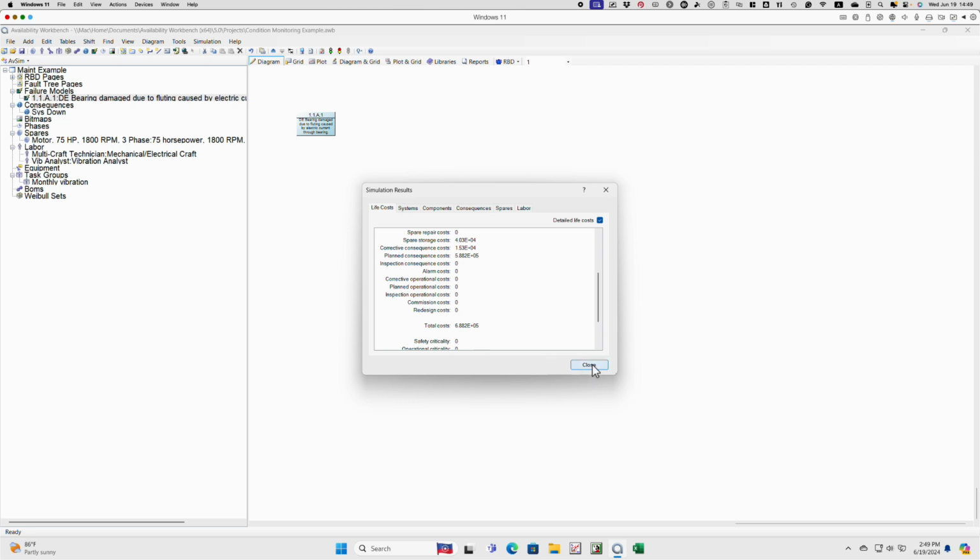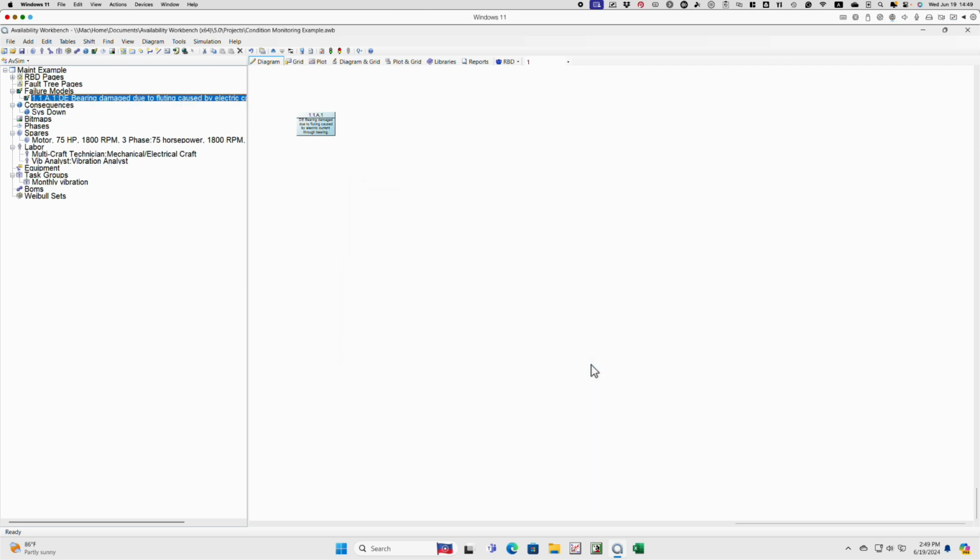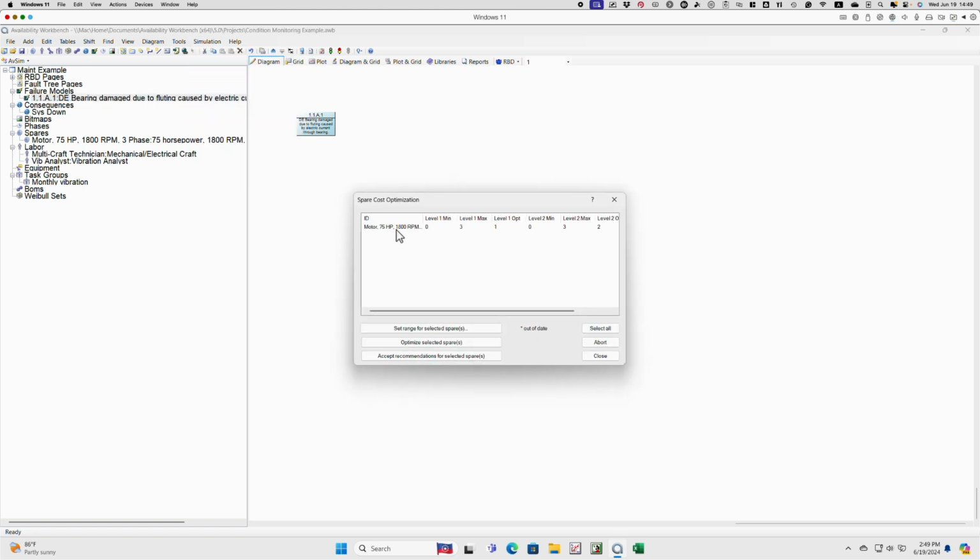So now let's go look and optimize our spares based on the fact that we're doing maintenance. So we'll go to our spare cost optimization window. We'll select the spare. We'll run that again. And now we can see that it's running several scenarios down here. It's going through each spare and looking at it based on having done that new maintenance strategy.